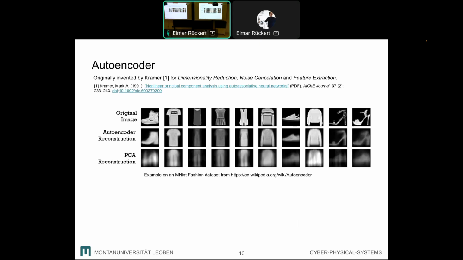Who knows what's the name of this algorithm? PCA is only the shortcut. It's called principal component analysis. It's a matrix calculus-based reconstruction or dimensionality reduction technique. We will do some matrix calculus throughout the course, but we won't cover PCA. Okay.